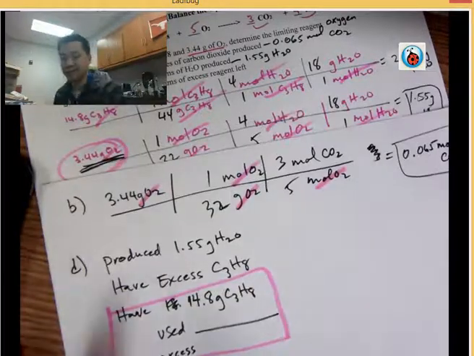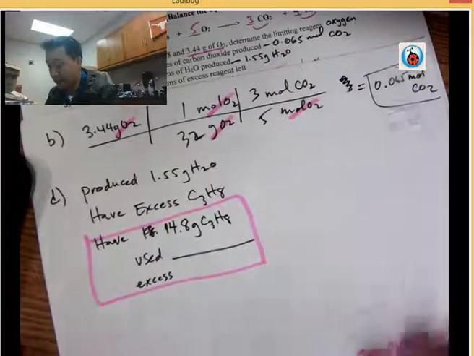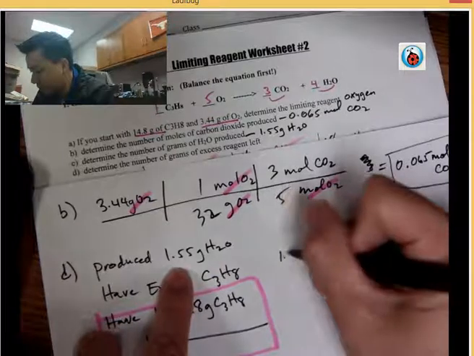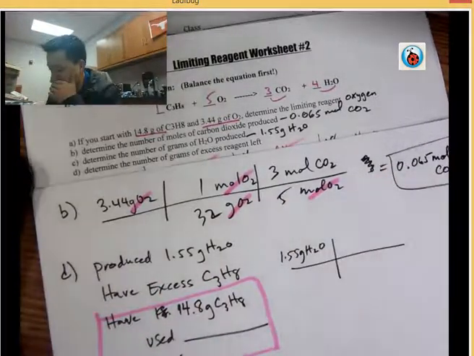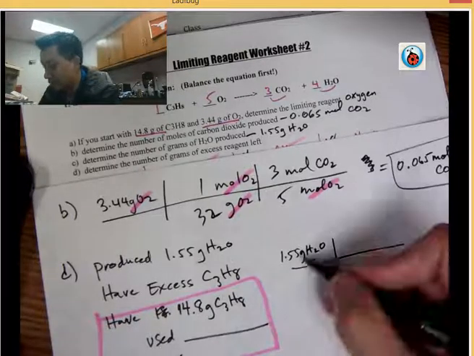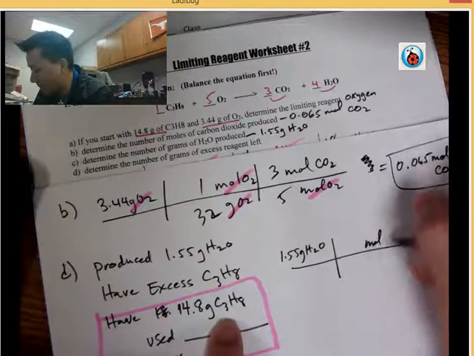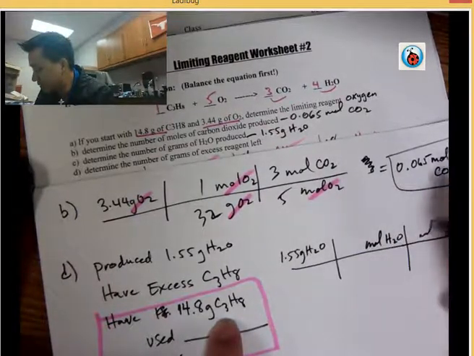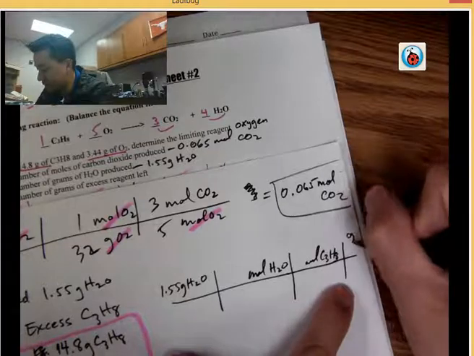So this is another problem in itself, but it's the same equation. Alright, so here we go. We know that's how much we produced, so 1.55 grams of H2O. Grams of H2O, we need to go to grams of C3H8. Grams, mole, grams.